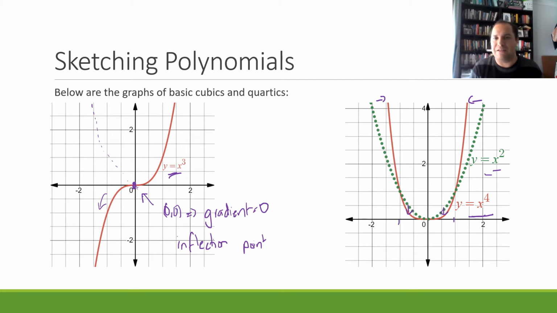That red line is lower. So it's got a similar shape to our parabola, but it's a bit narrower on the top and a bit flatter at the bottom. Just like our parabola, x squared, it also has a turning point at 0, 0.